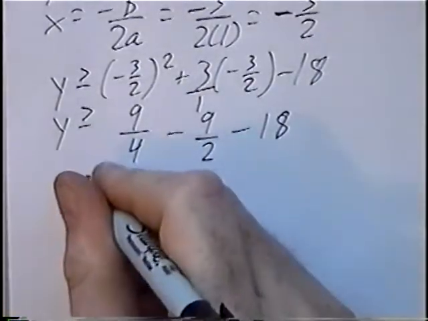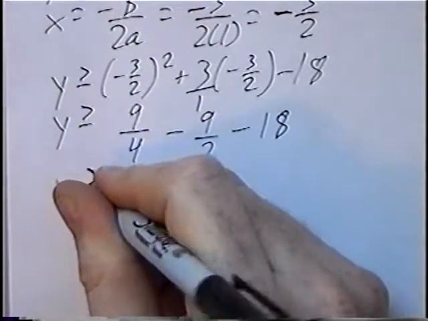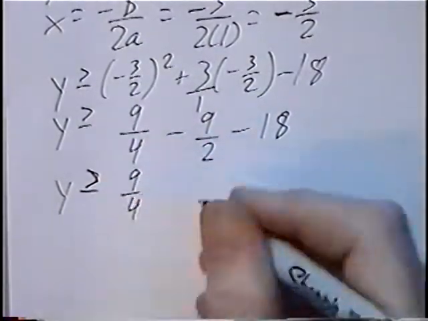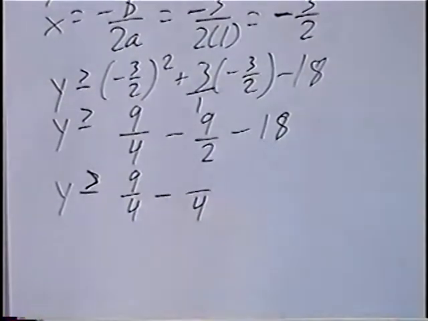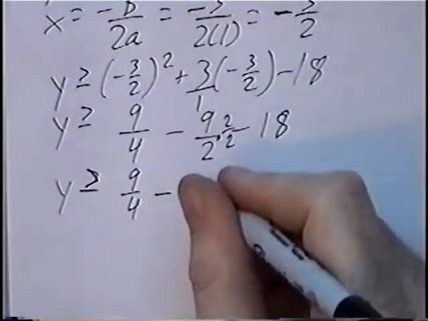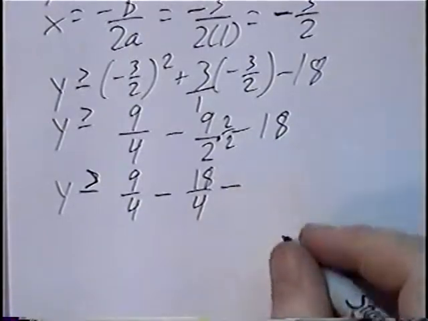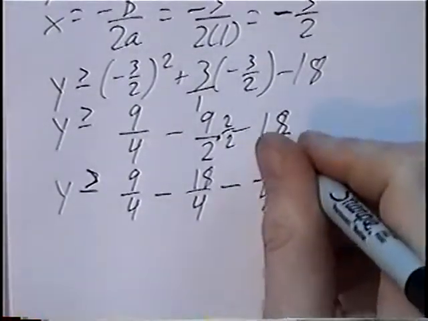Solving from here, we have y is greater than or equal to. Getting common denominators, we can leave 9 over 4 the same. 9 over 2, we can rewrite this 4 by multiplying by 2. So we'll have minus 18 over 4. And the negative 18, we can also write with a common denominator.